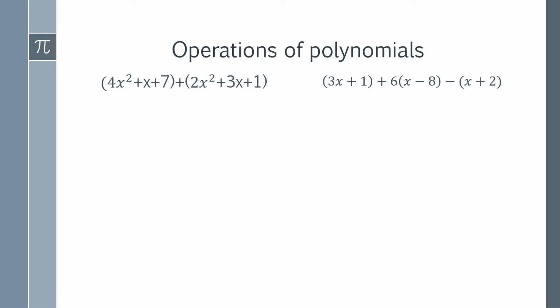Operations of polynomials. Now, to do this on your test, it's gonna be real simple. So I'm gonna do the problem to the left first, obviously. To do this, you're gonna pretty much get your like terms for x squared.